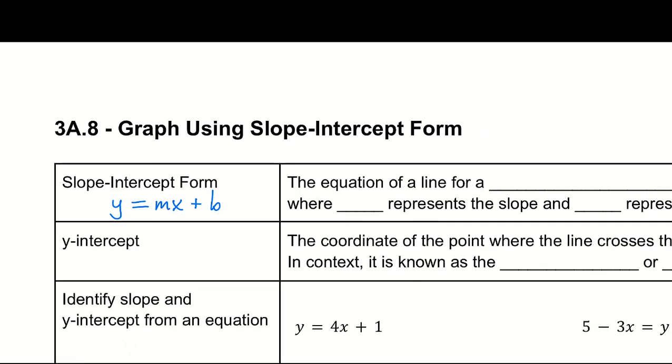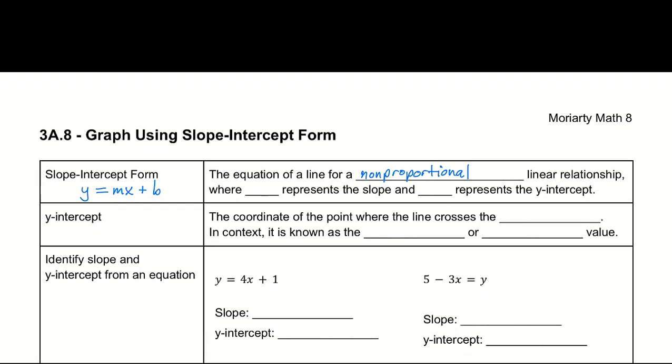It's the equation of a line for a non-proportional linear relationship where m represents the slope and b represents the y-intercept. The y-intercept, again, is going to be the variable b.